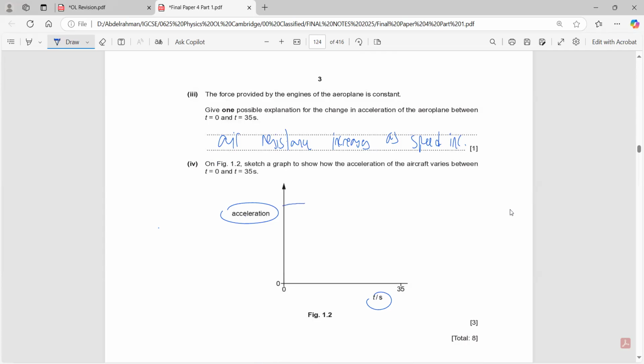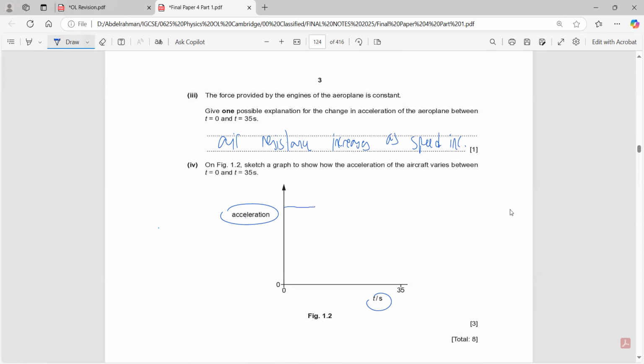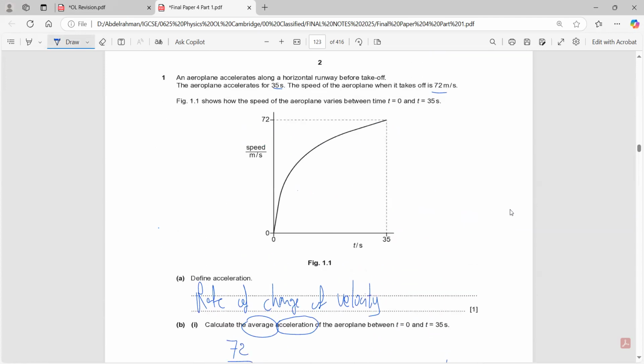Why did he initially have a constant acceleration? It wasn't decreasing right away. No, initially he had a constant acceleration. How do I know that? Because initially here you had a constant slope. Right? Initially he was moving with a constant acceleration.